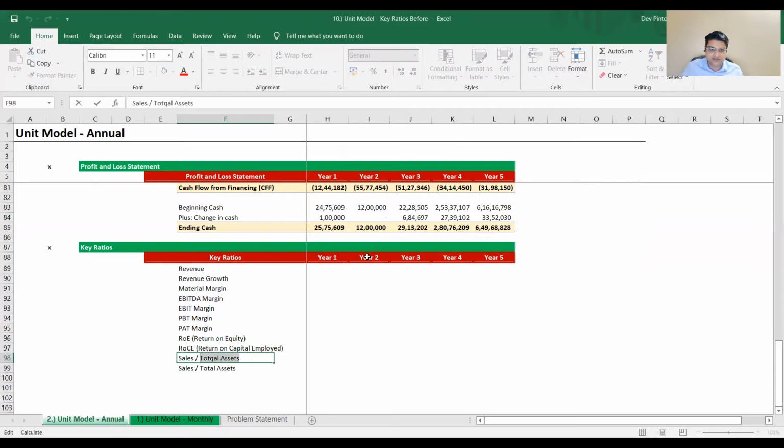Let's do sales by capital employed, sales by PP&E, which is nothing but your fixed assets, core net working capital, NWC.